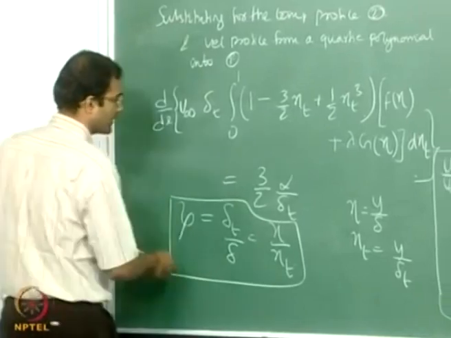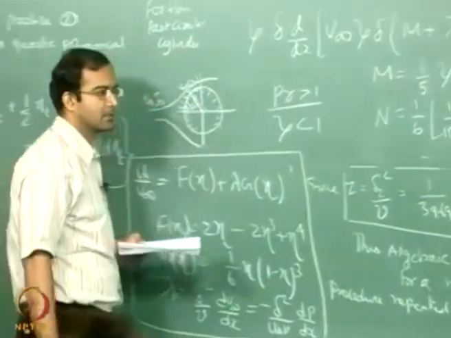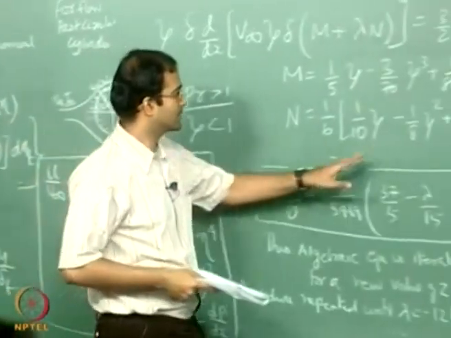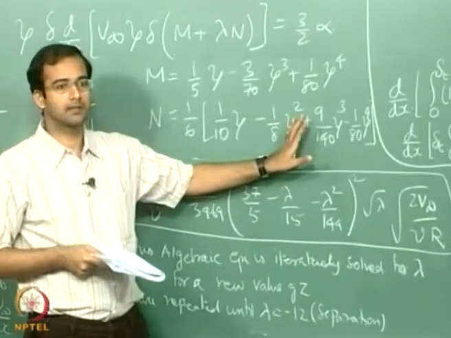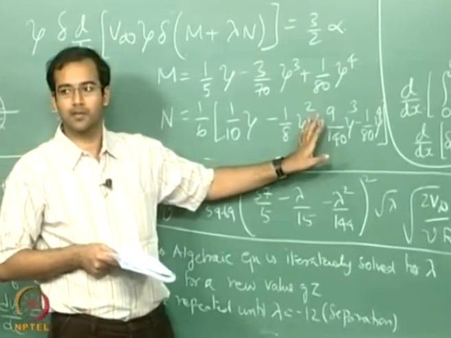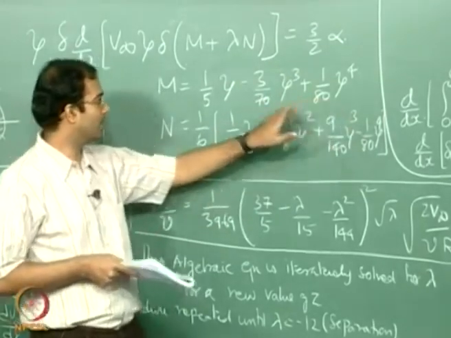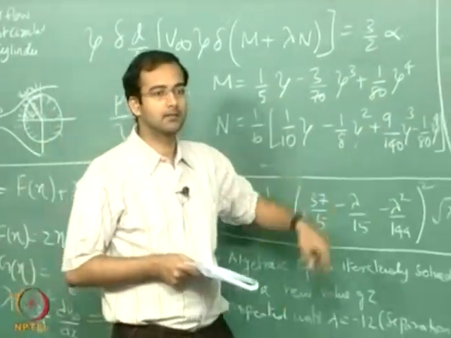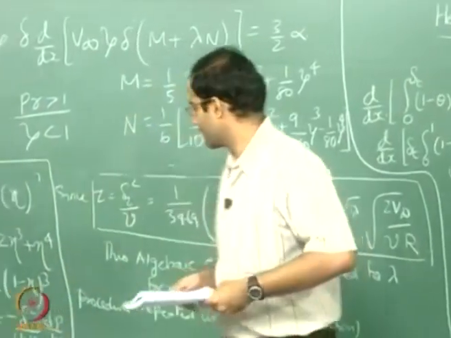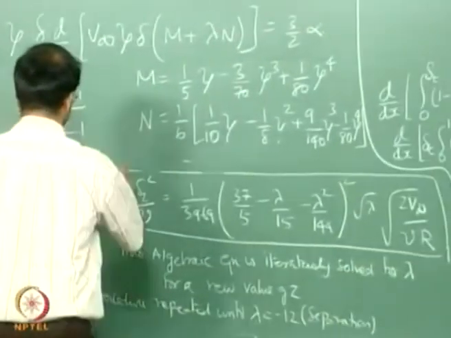Therefore this corresponds to the fact that my zeta is less than 1. So all the higher order terms of zeta, second power and higher, will be very small and therefore can be neglected. Only the first power terms can be retained. With that we can considerably simplify this expression.